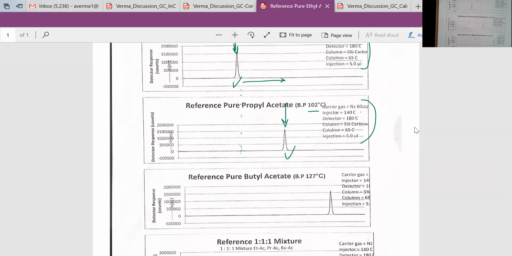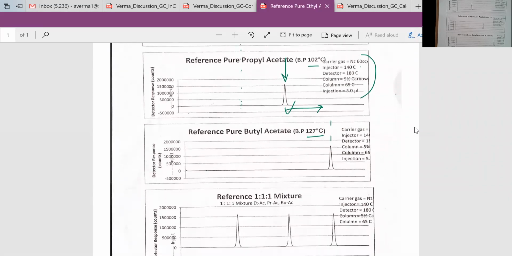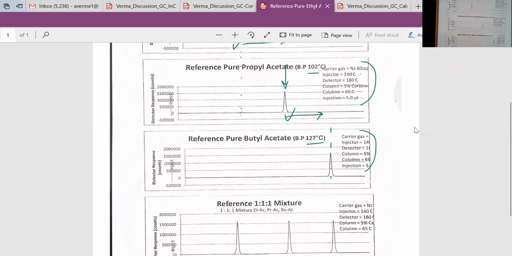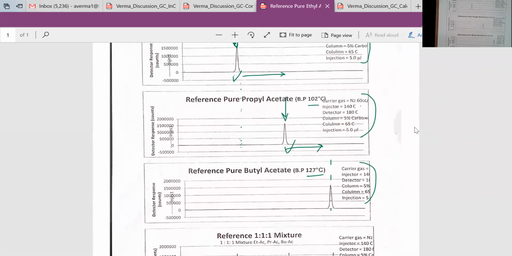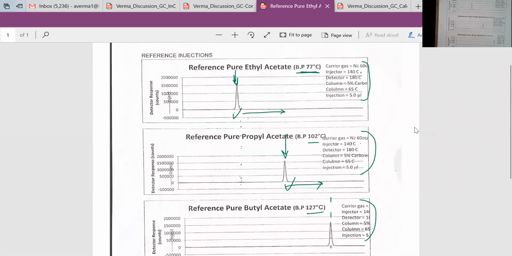Similarly, if you have a different or higher boiling point, you are again going to see a shift, a new retention time. Given that all the conditions are exactly the same, you will realize that there are three different compounds. What I have shown you on this screen are three different materials with different boiling points.